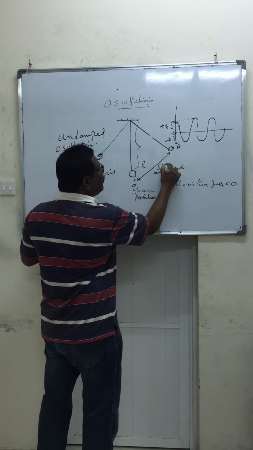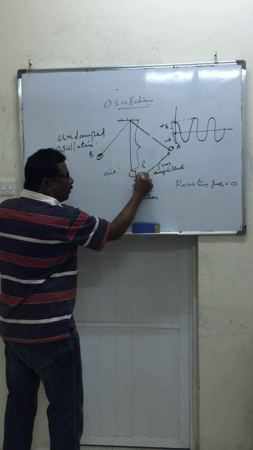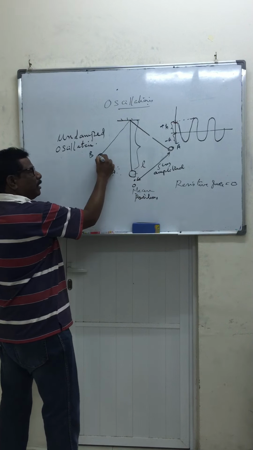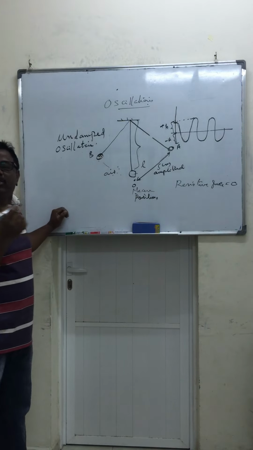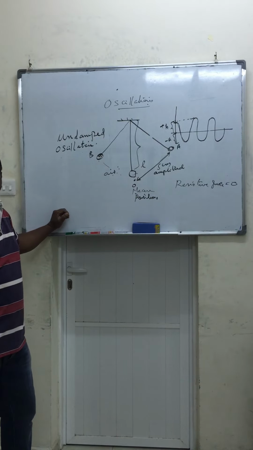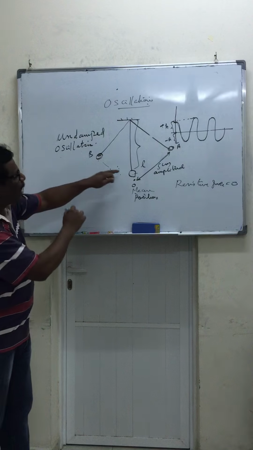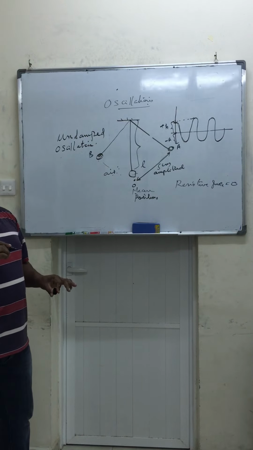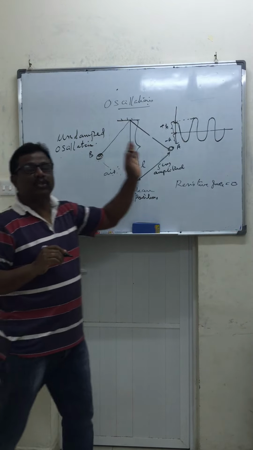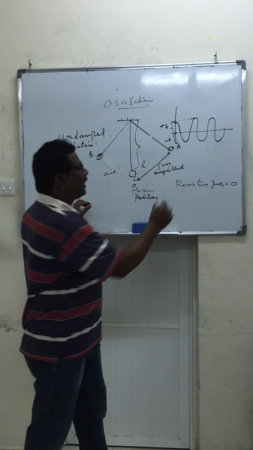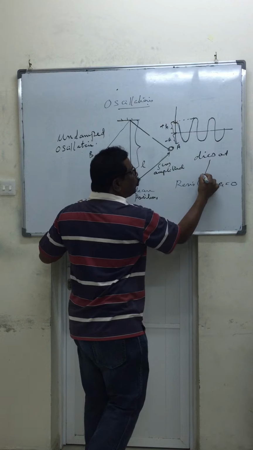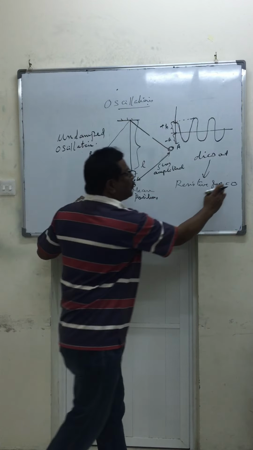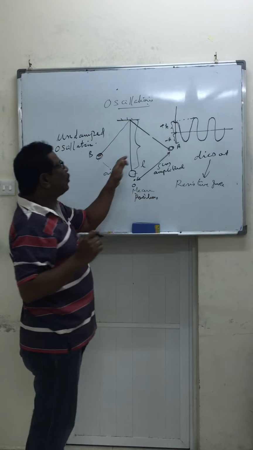Earlier it was 5 centimeter, but during the second oscillation, 5 centimeter reduces to, say, 4 centimeter, 3 centimeter, 2 centimeter, and finally it becomes 0. That means the oscillation dies out, and it is due to the resistive forces acting on the pendulum.